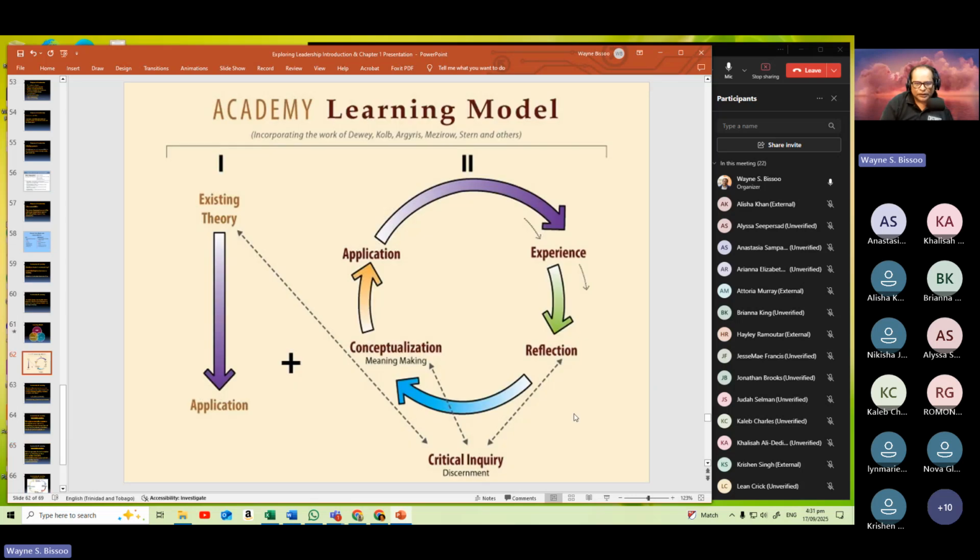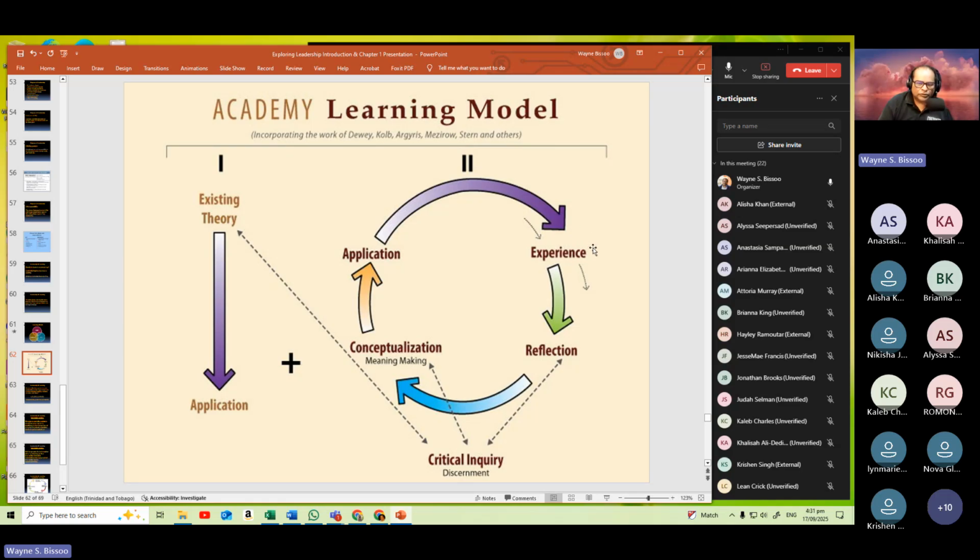That's one model. This is another model that some of you all, especially those from a science background, should be familiar with. It's called the scientific method. You start with an idea, you apply that idea, you look at what happens in the experience, which means you conduct an experiment.